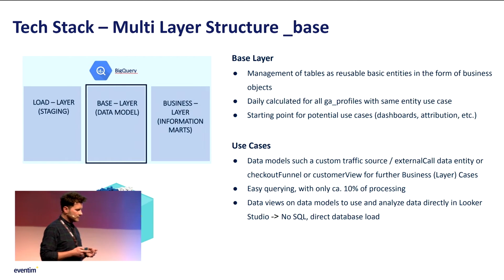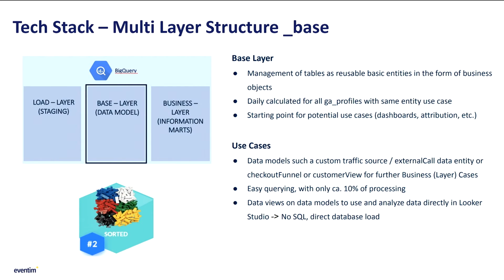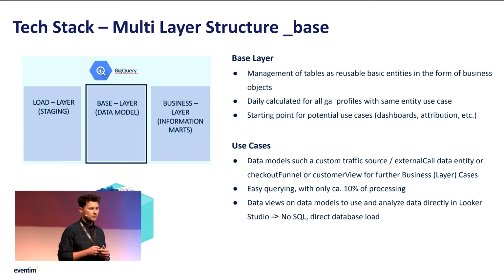Coming to the base layer, this is the layer where we develop and manage the data entities. The data entities could be something like, as I said, an acquisition report, but in a custom way, aggregated and consolidated for many different properties.